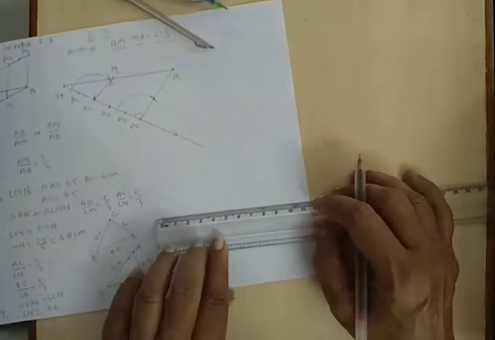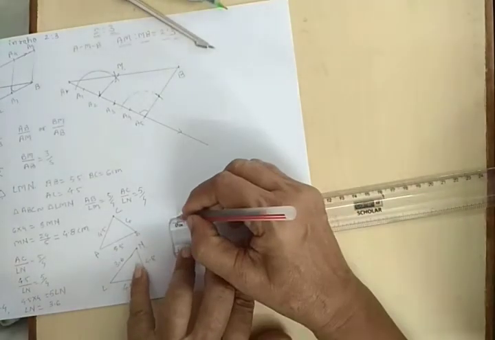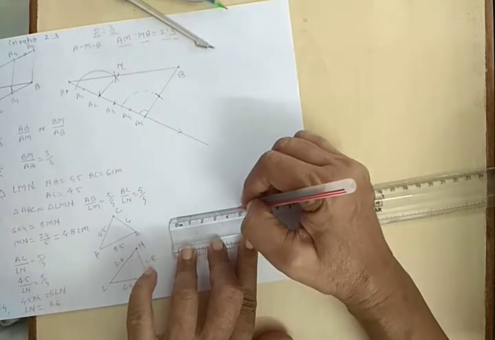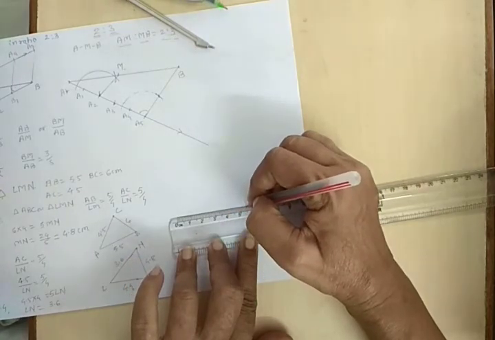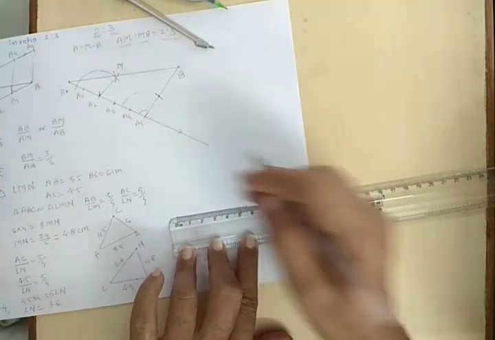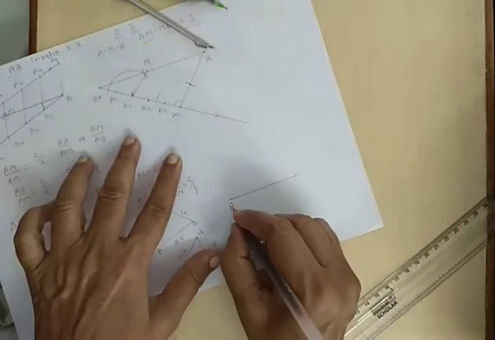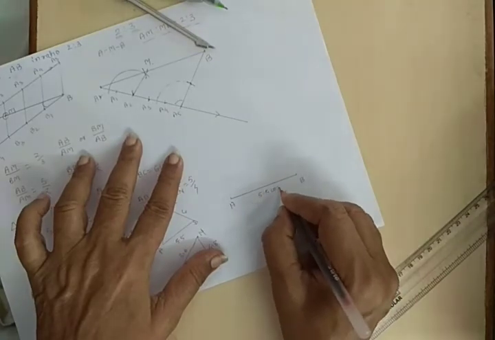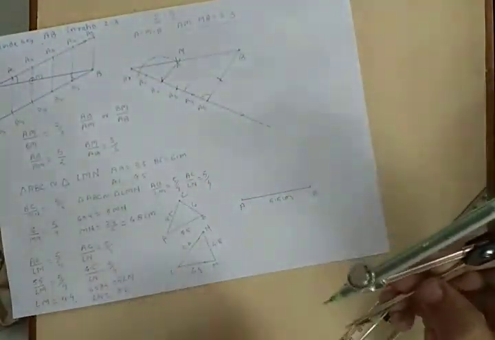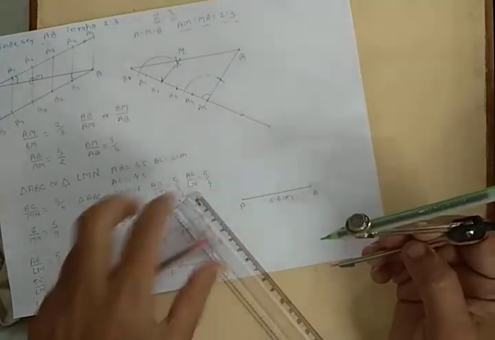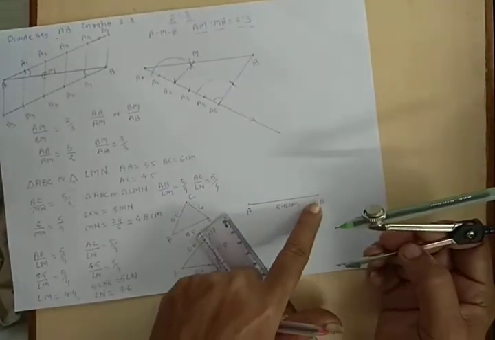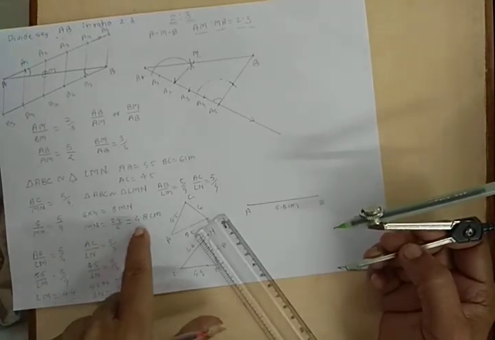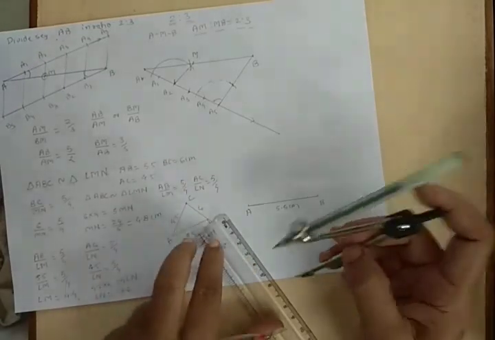The first one is ABC. So take ABC. What is AB? AB is equal to 5.5. This is A, B, 5.5 centimeter. Now take your compasses from B. What is BC? BC is given to be 6 centimeters.